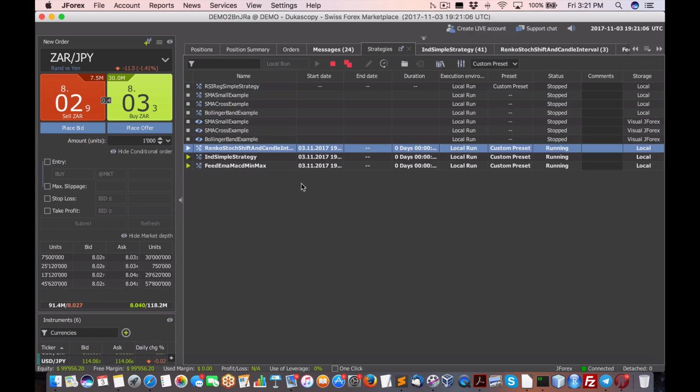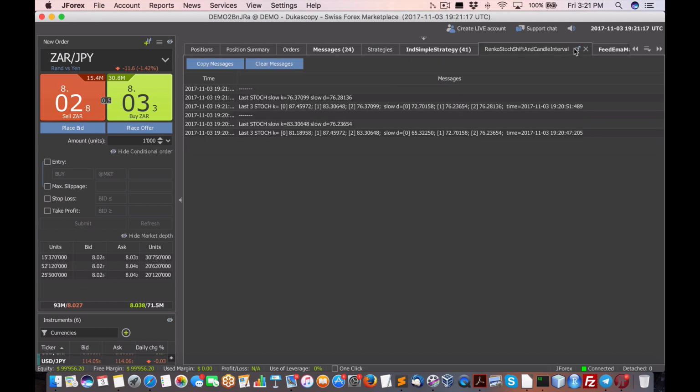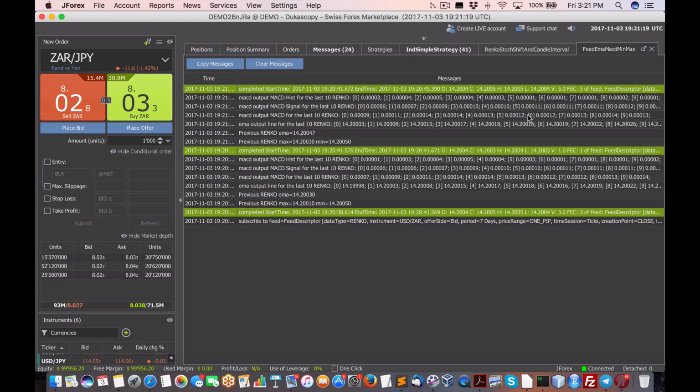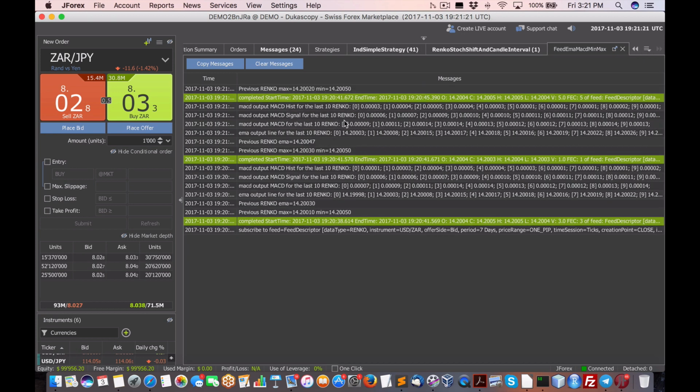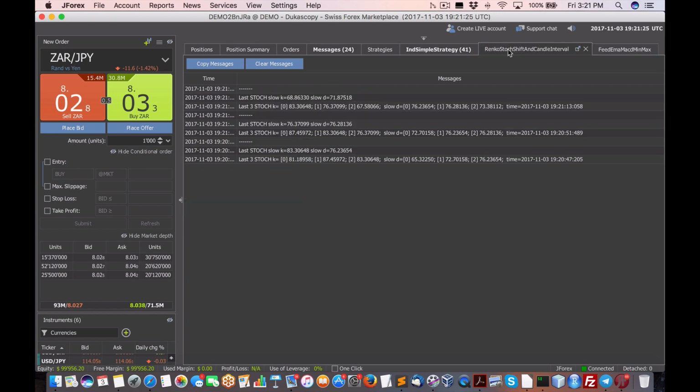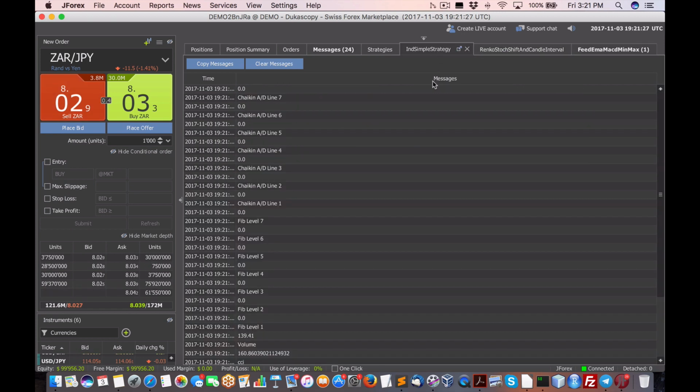Okay, so now I've just set up a new round of testing for the US dollar against the South African rand. Just waiting for some data to come through. We can see here that there is actually some data coming in for the US dollar with the South African rand.